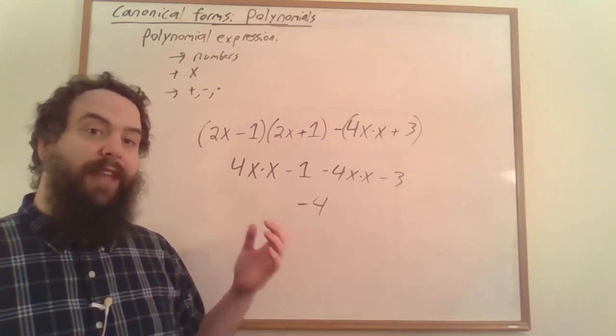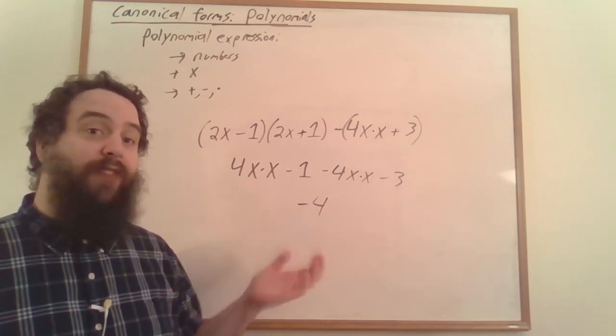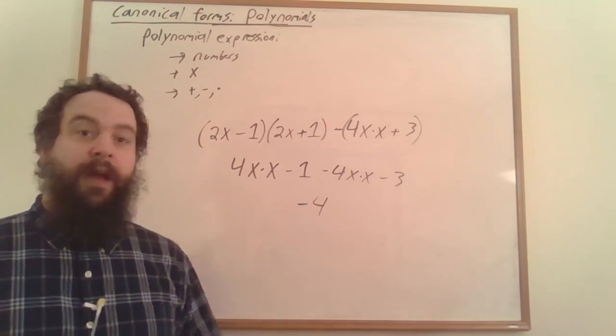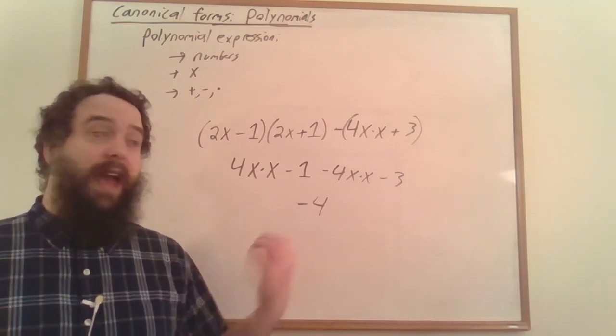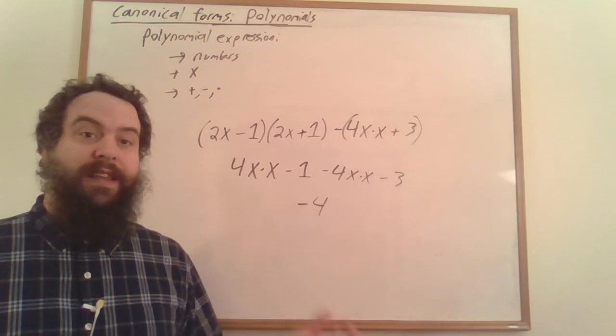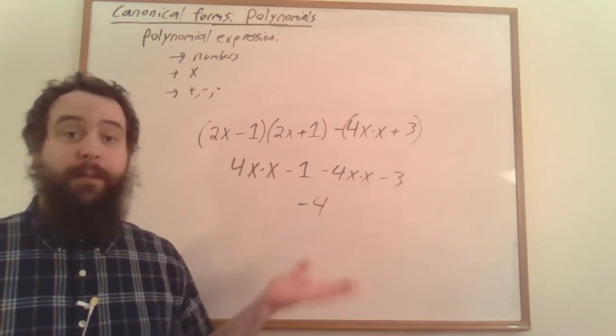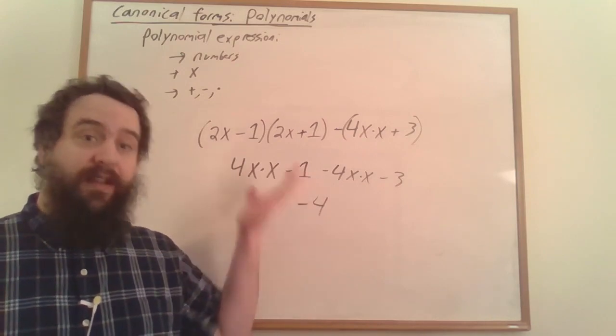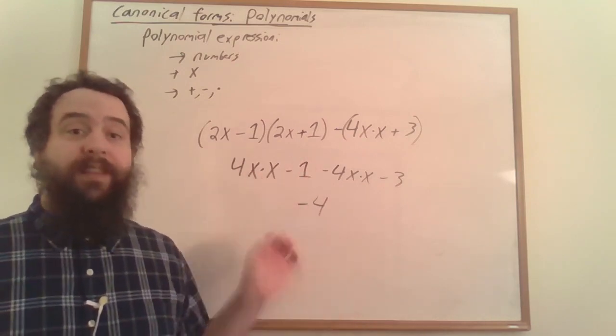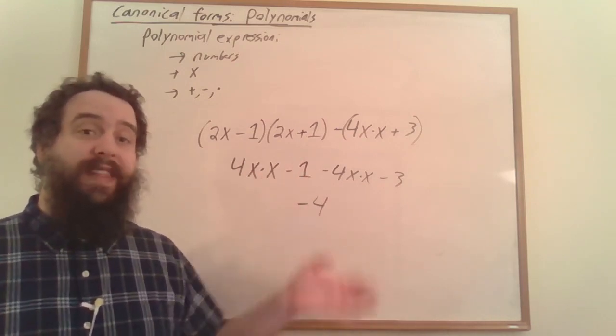My hope is that this can be a very powerful educational tool when used correctly. And so if I want this system to be at all usable, it at the very least has to be the case that if we have two expressions that represent the same polynomial, that we can convert one to the other simply by applying the rules within the system.